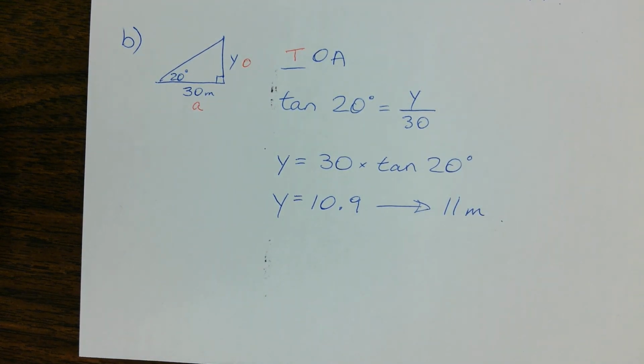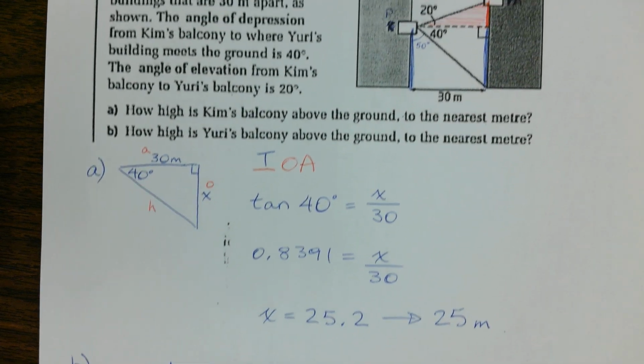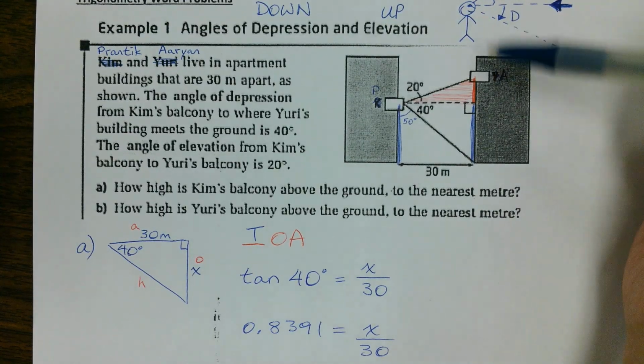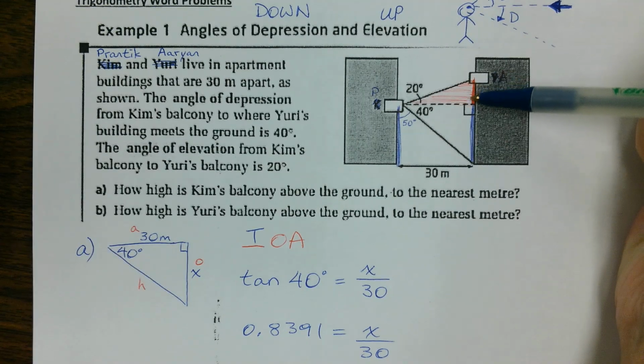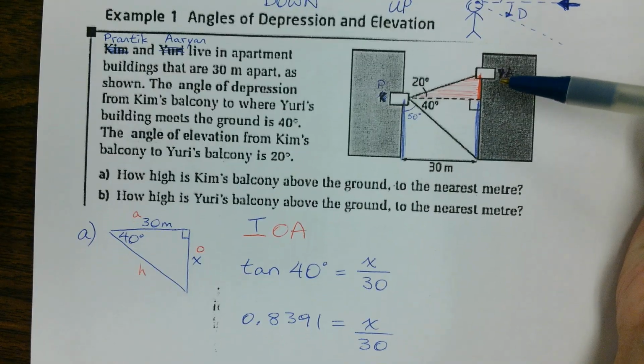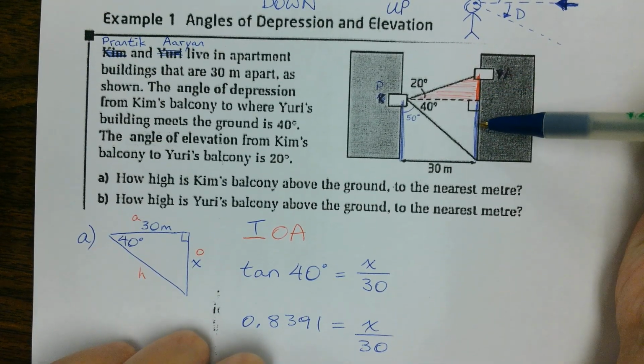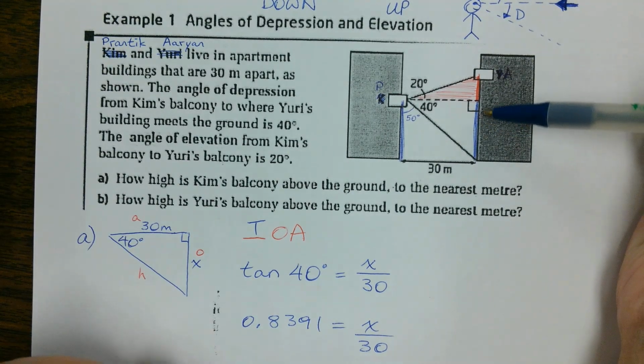So does that mean that Arian's balcony is 11 meters above the ground? No, because we have to add it to the height of Prantique's balcony. So you can see Arian lives on a higher floor than Pratik. It doesn't make sense based on the diagram that he's 11 meters above.